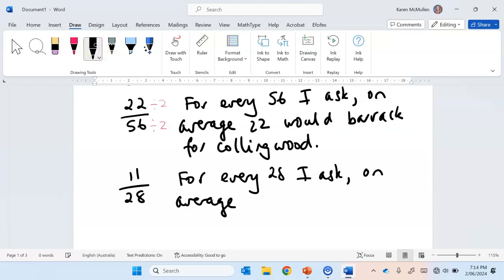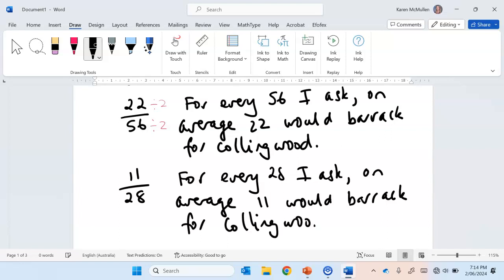So for every 28 I ask, on average, 11 would barrack for Collingwood. And this is actually, when you think about it, used a lot in statistics. So I know that 11 out of 28 people barrack for Collingwood.